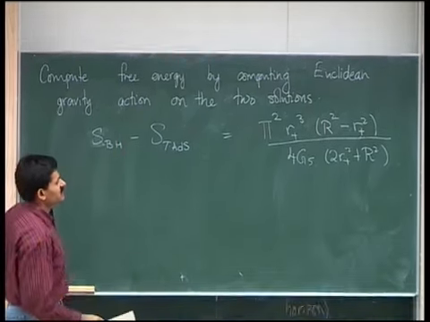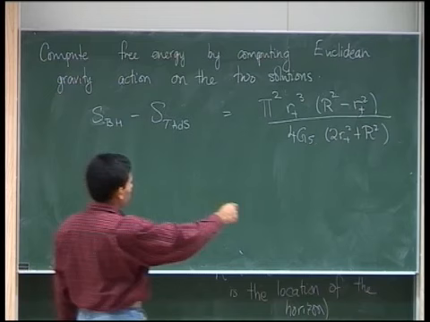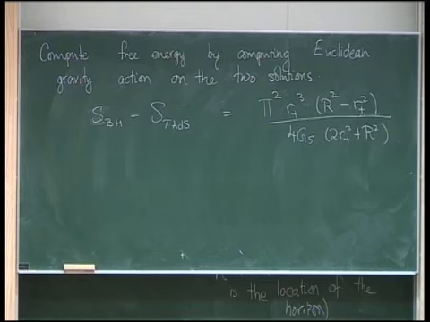Okay, so this is the answer as a function of the AdS radius capital R and r plus, which is the black hole size. So what did I do in computing this?